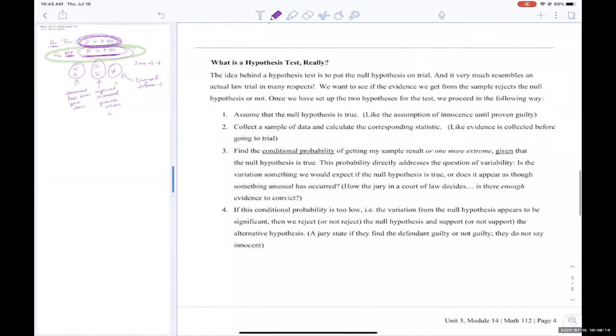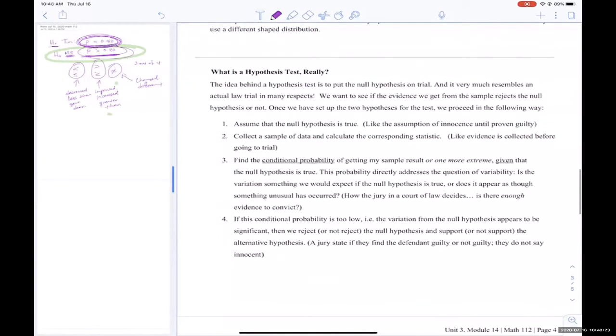I kind of gave you the information. This is the overview of what a hypothesis test is all about. Let me give you the technical form. The idea behind a hypothesis test is to put the null hypothesis on trial. It very much resembles an actual law trial in many respects.